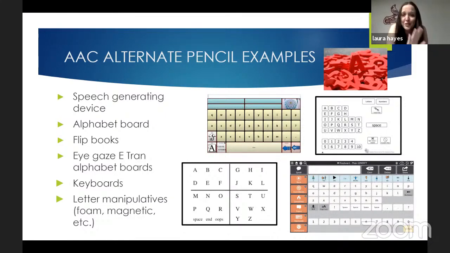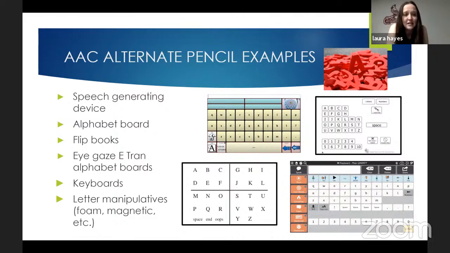Kelly Fauner is going to do a wonderful presentation just after me, so I'm not going to go into too much detail here about alternative pencils, but it can be a speech generating device. It can be a low-tech alphabet board. It can be flip books. There's a really great one on Teachers Pay Teachers called the Writing Buddy. I'll put that link in my Google site that I'll have the link to at the end of the presentation.